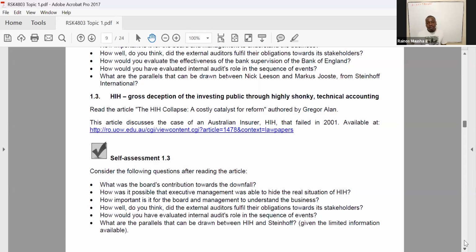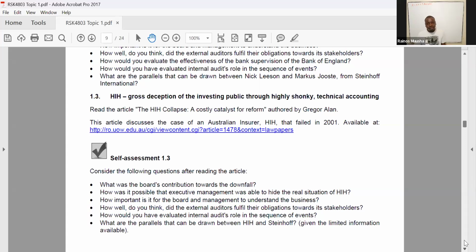So because they were making money from both the audit and advisory roles, you find that they would end up being compromised. And because of this, is it a fair assessment now to say from a risk management perspective, there was a risk management failure? So my advice is go through these articles.